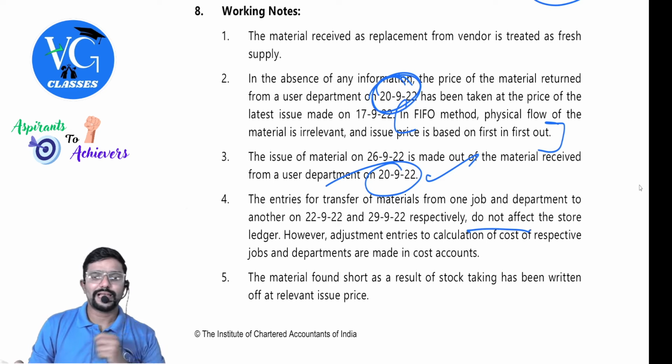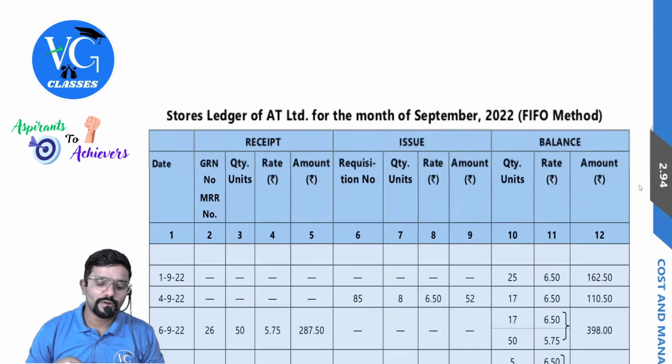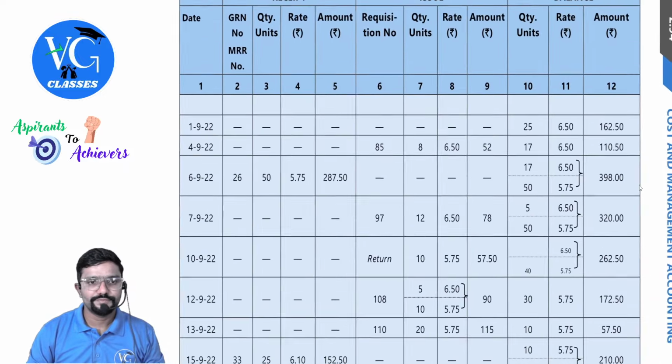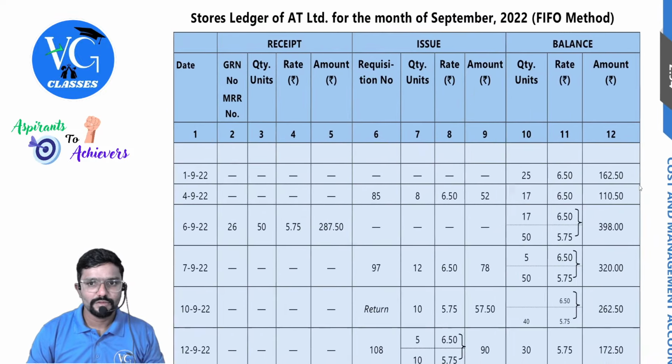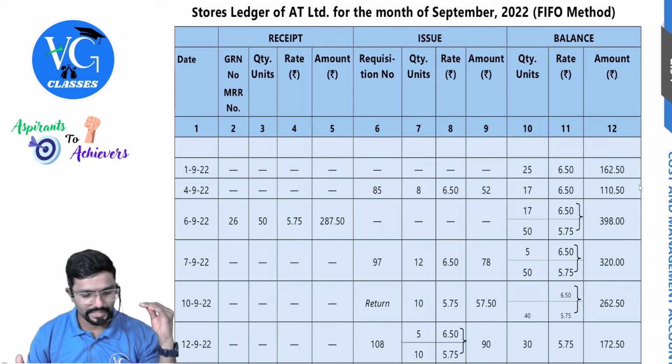No, sir. The last one. The material found short as a result of stock taking has been written off at the relevant issue price. At the relevant issue price. You can see the stores ledger for September as per FIFO method.